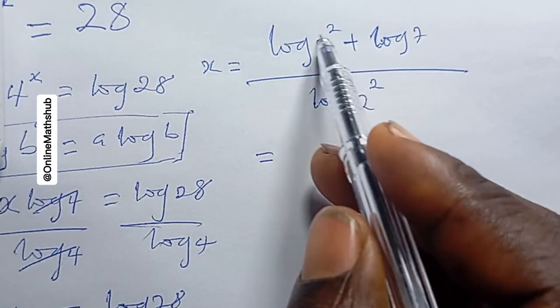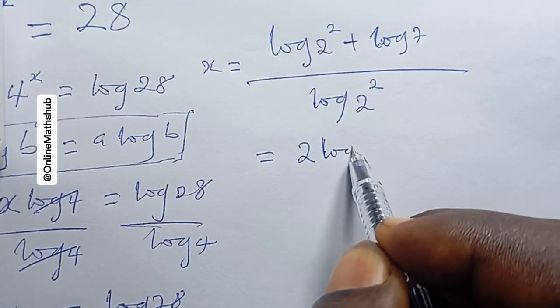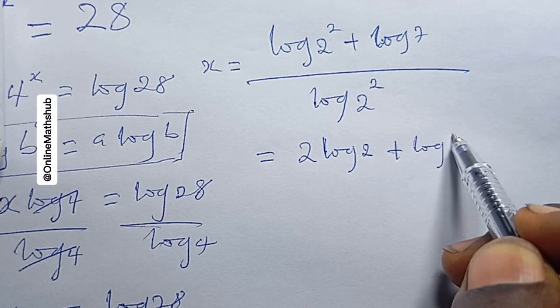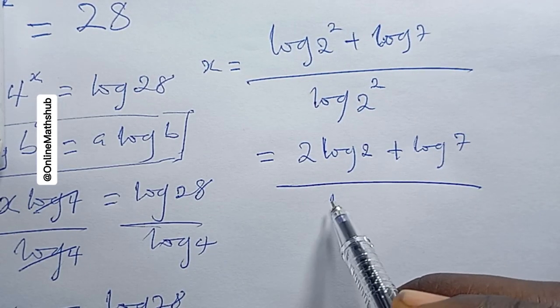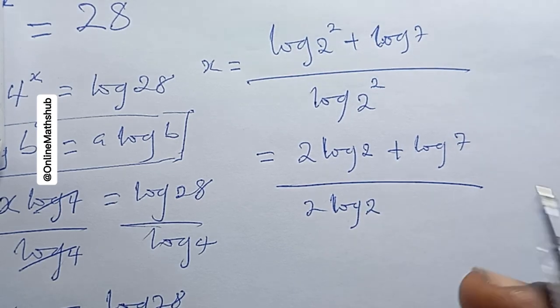So all we have is applying the same rule here. We can bring down these two, so we have 2 multiplied by log 2, then of course plus log 7, divided by 2 multiplied by log 2.